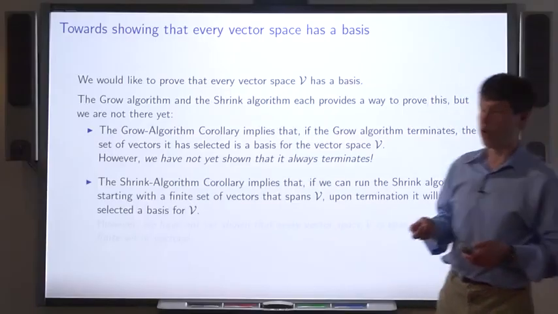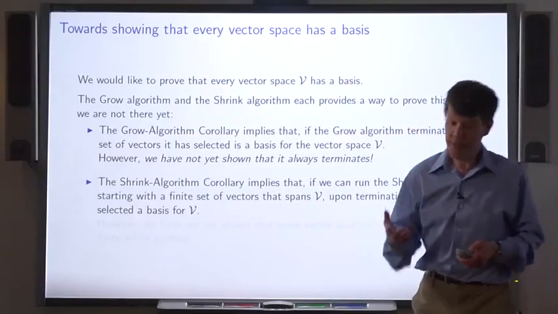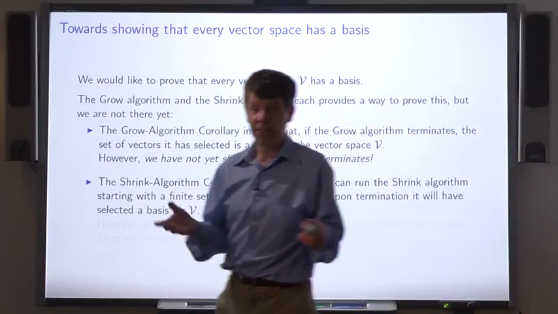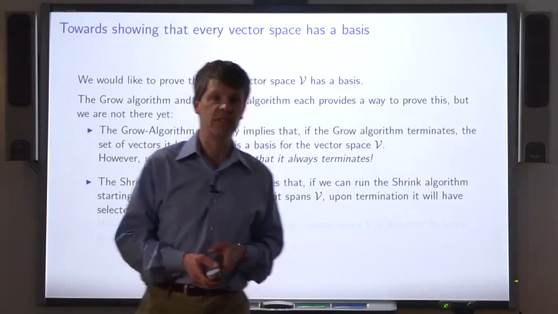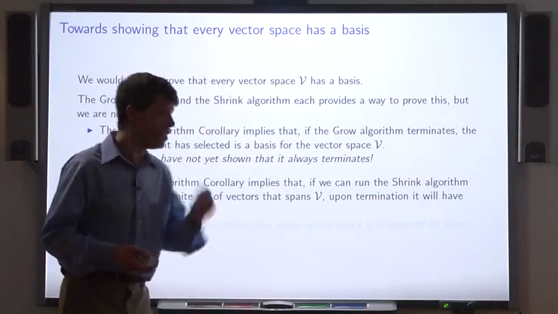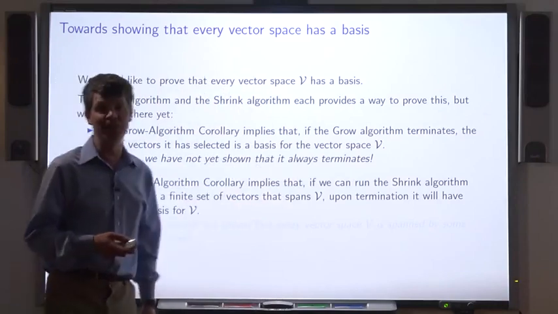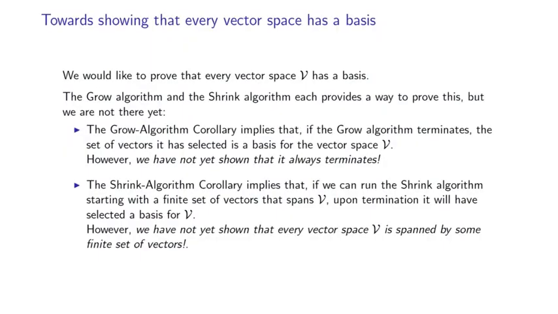Now, the shrink algorithm corollary states that if we can run the algorithm, at the end, it'll give us a linearly independent and spanning set of vectors. But in order to run it, we have to initialize the set S with a finite set of vectors that spans the vector space. So we haven't shown yet that there is even a finite set of vectors that spans every vector space.